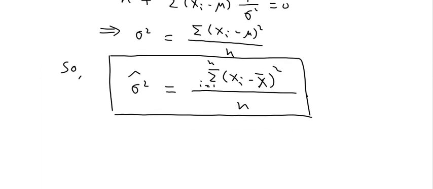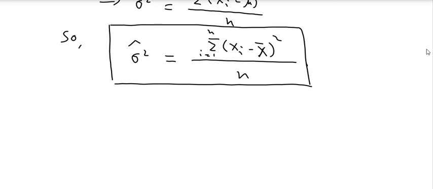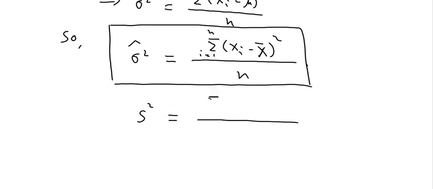The sample variance s squared equals the summation of xi minus x bar squared, i from 1 to n, divided by n minus 1. The formula is like this.